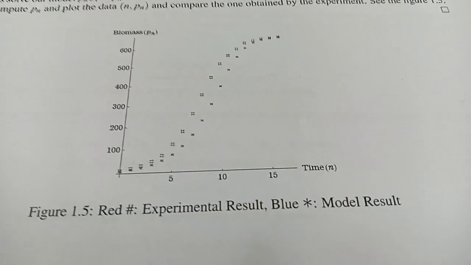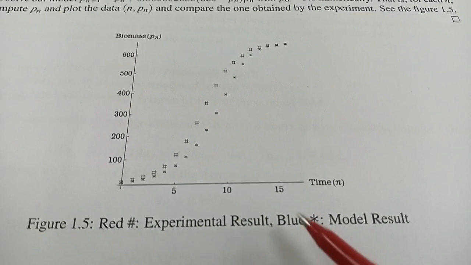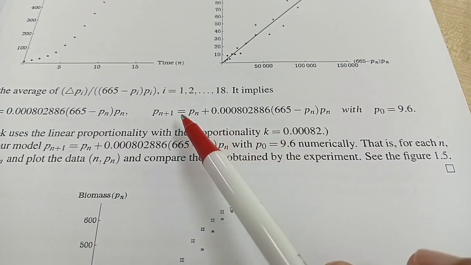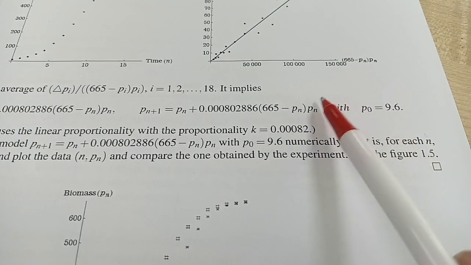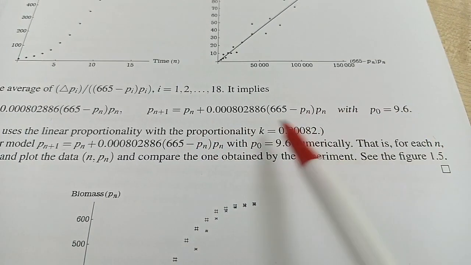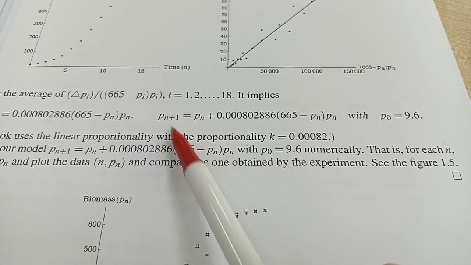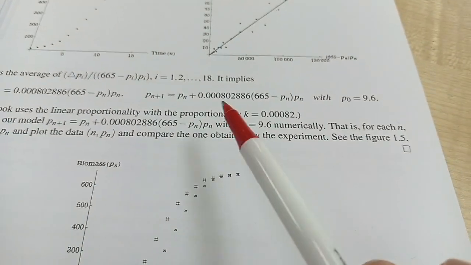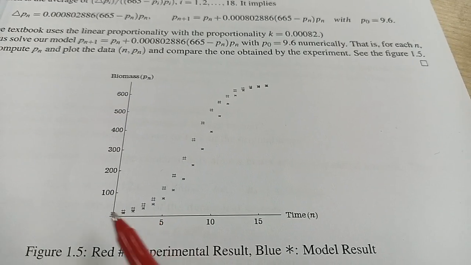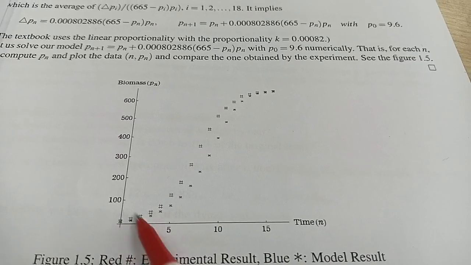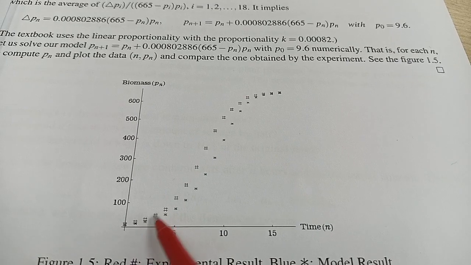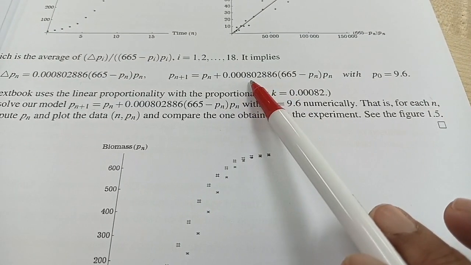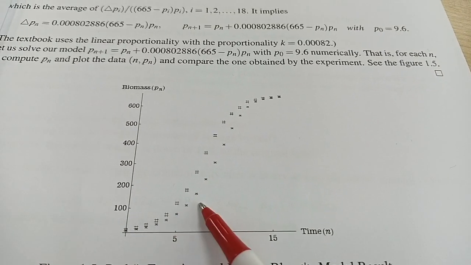The other data, given by another color, let's say blue, is the one that we construct one by one, starting from P0, 9.6, and then from this one, the constant is given, find P1, P2, P3, and then we plot that. P0 is at the same point, because we start at 9.6. And then P1, P2, P3 for the model that we construct would be given different data.